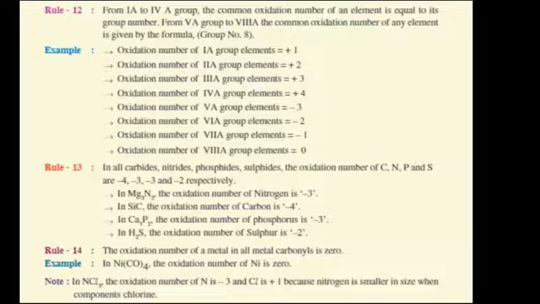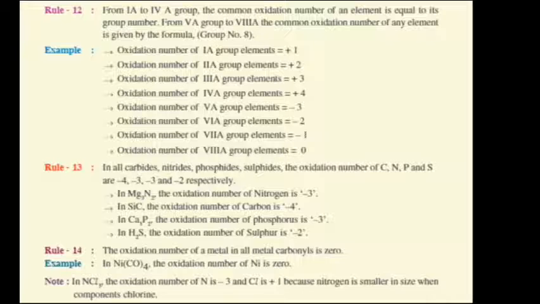Example, the oxidation number of a 1A group element is +1, 2A group element +2, 3A group elements +3, 4A group elements +4, 5A group elements −3, 6A group elements −2, 7A group elements −1, and 8A group elements 0.